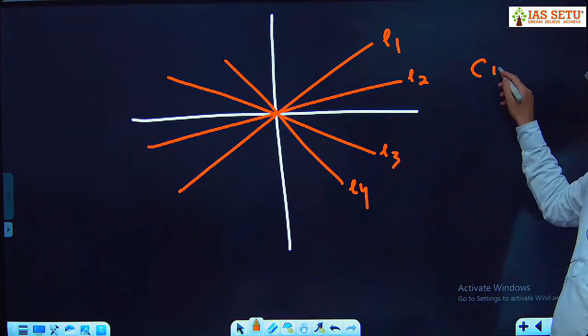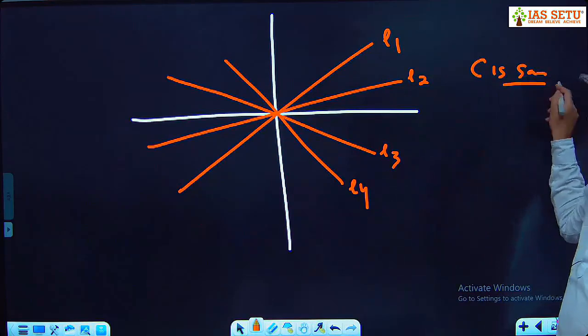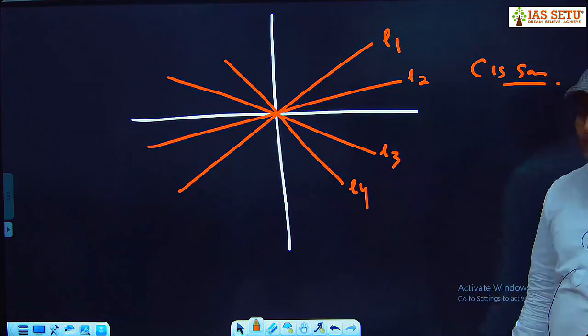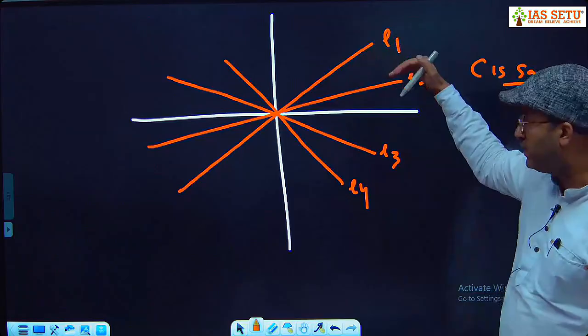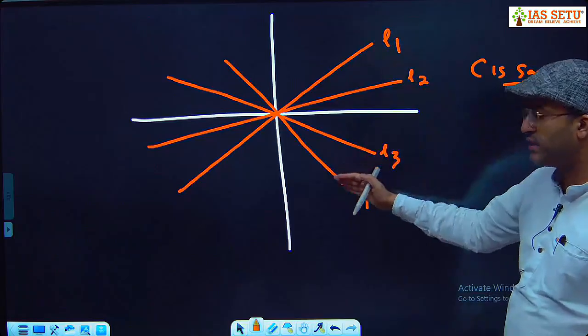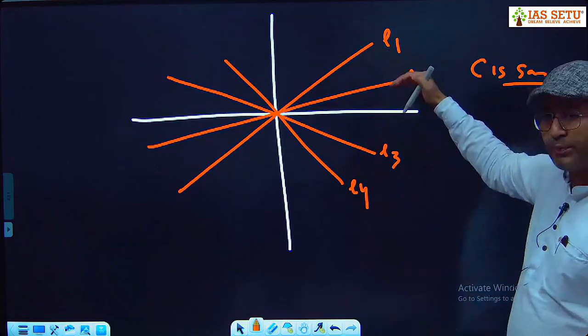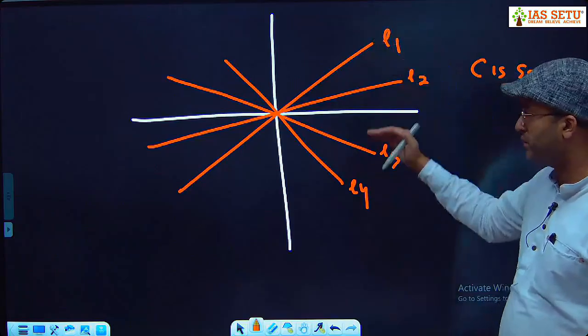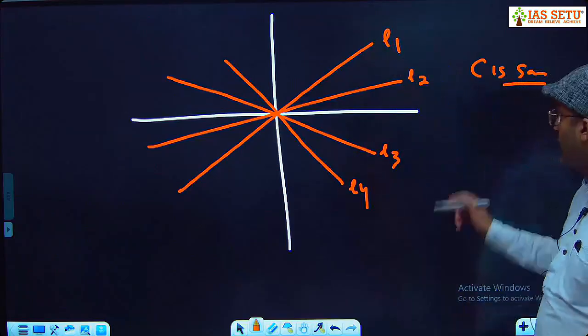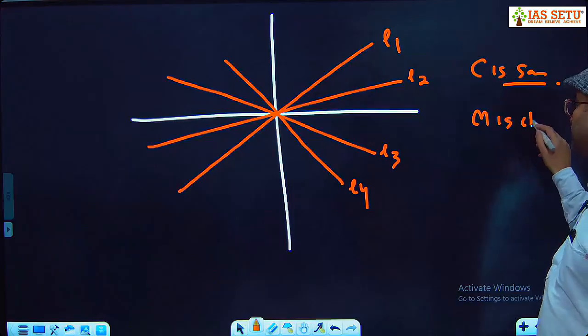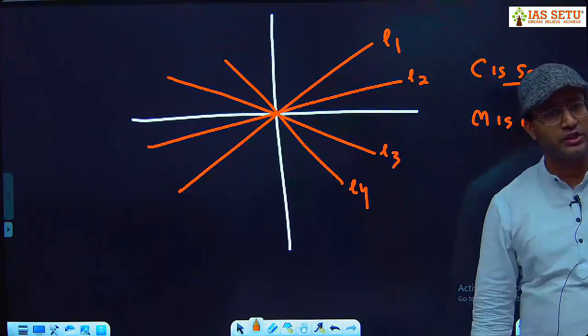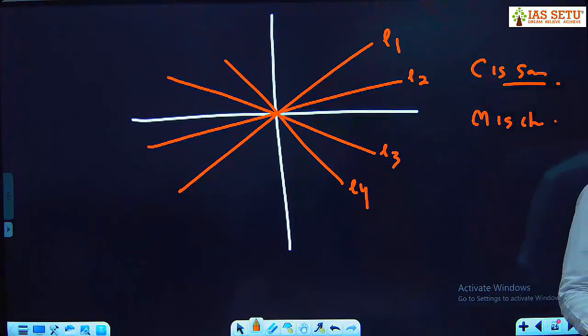C is constant. C is the same, only m is changing. Here slope is positive, more positive, negative, more negative. Here m is changing, c is constant. Just remember this, don't get too confused.